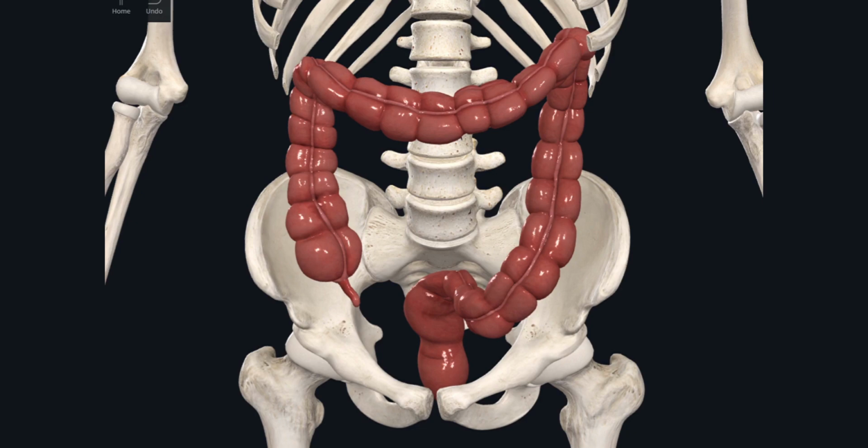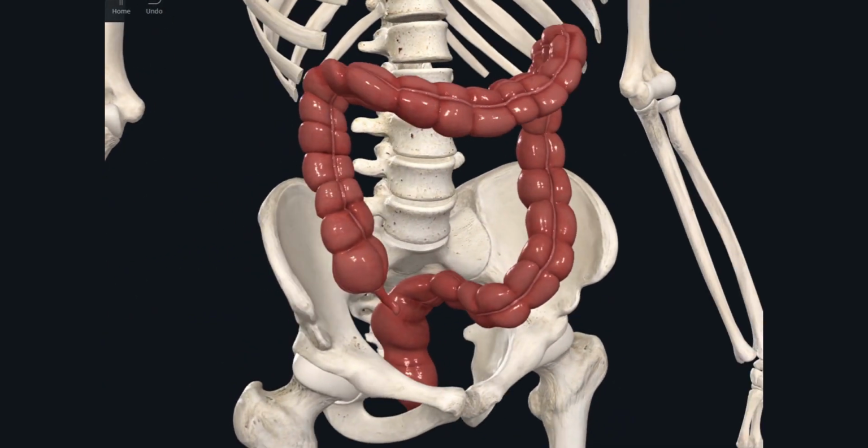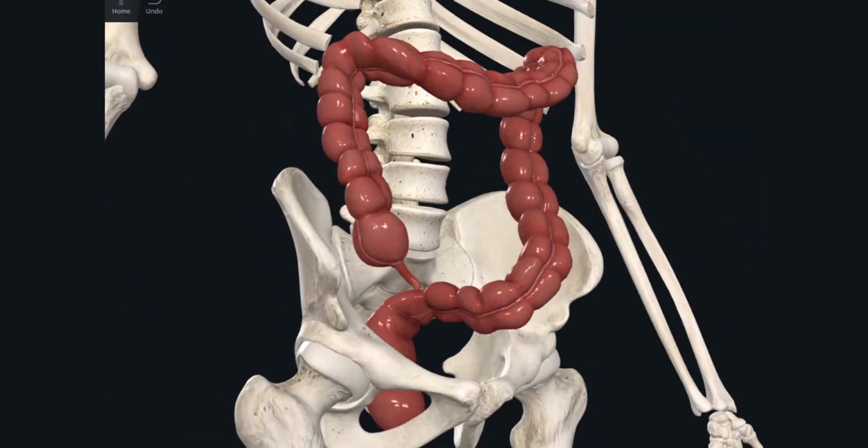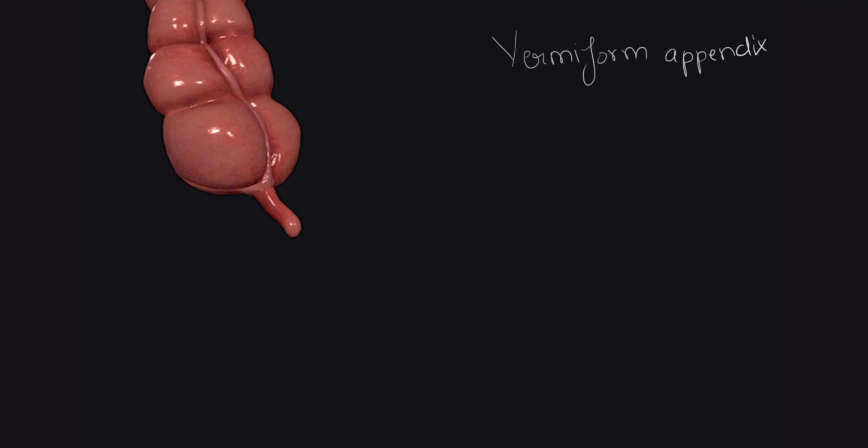Let us look at the first part of the intestinal tract, the vermiform appendix. The vermiform appendix is about 6 cm to 10 cm in length, and it is placed retrocecally. That means it is behind the cecal region. Another thing we can observe is that approximately the entirety of it lies inside the pelvic region.